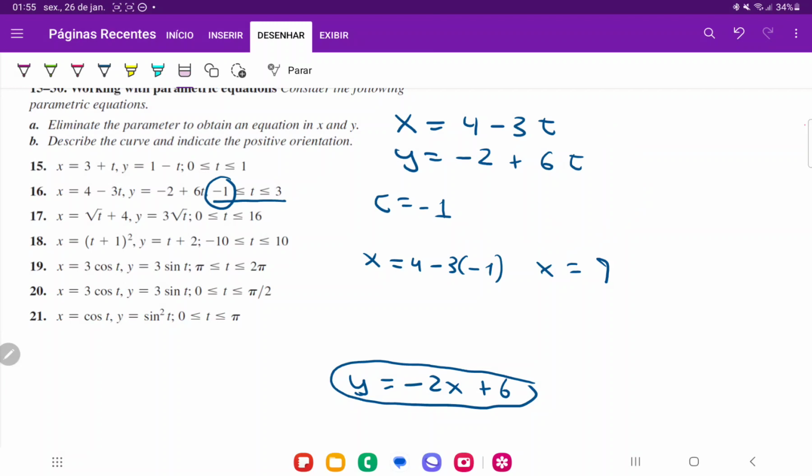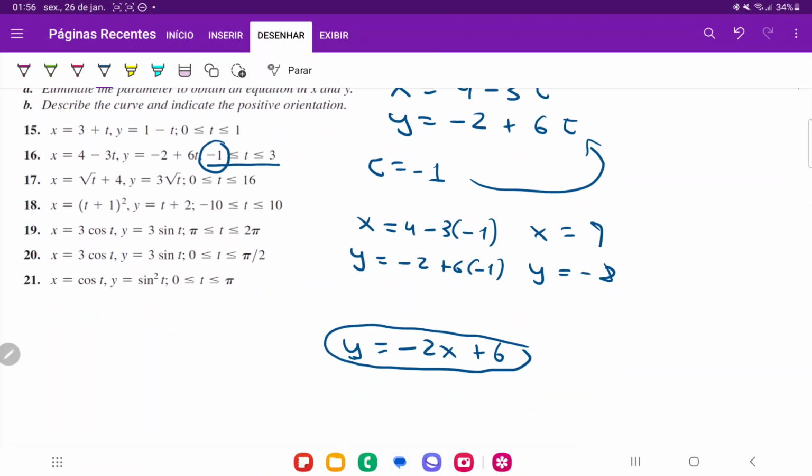And then I'm going to plug in t equal to minus 1 in the y equation. So that would give us y equal to minus 2 plus 6 times minus 1. So minus 2 minus 6, y is equal to minus 8. So it begins at this point when t is minus 1, which is the beginning of our parametric curve. The point that we're actually at is the point 7 comma minus 8.